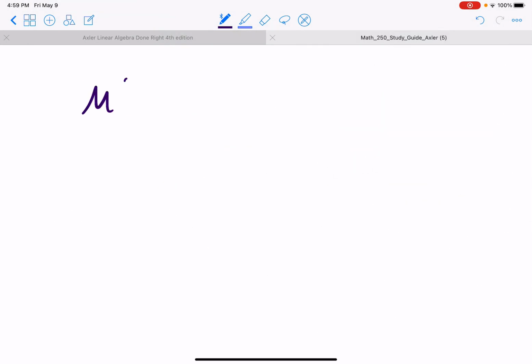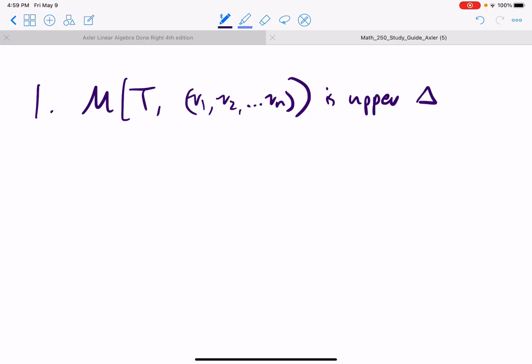Okay, so the matrix of a linear operator in some basis v1, v2 up to vn of the space is upper triangular (1).